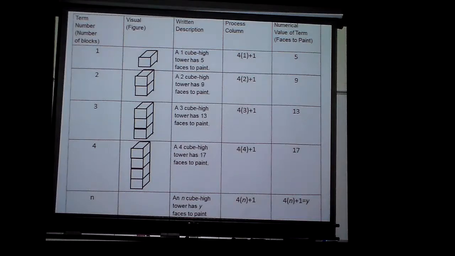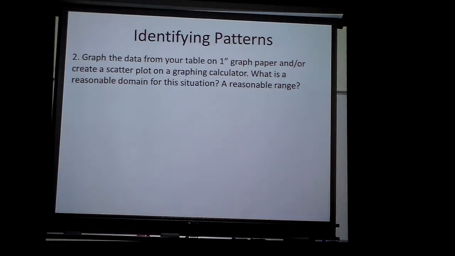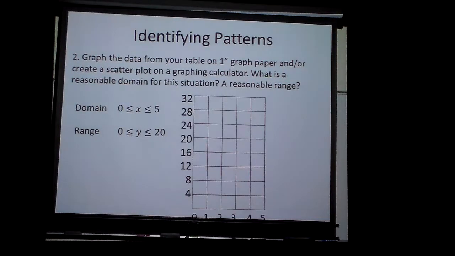Well, let's look at this a second. Let's graph this. I'm going to talk about the domain. I'm going to go from 0 to 5, even though we only had 4 blocks. The range, I think my highest one was about 17, so I'm just going to say 20. And I'm going to graph it. Notice this graph here: 0, 1, 2, 3, 4, 5, and 4, 8, 12.